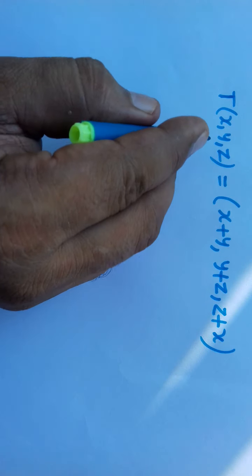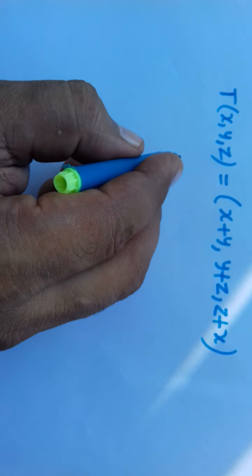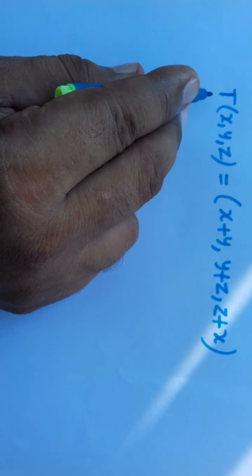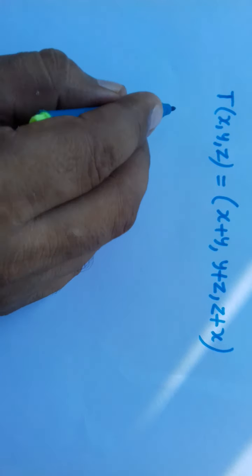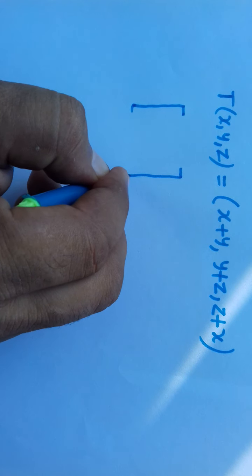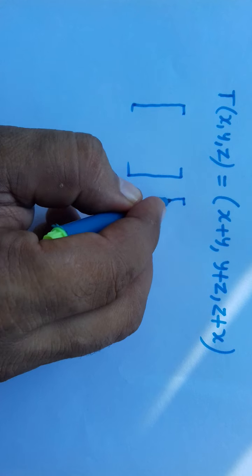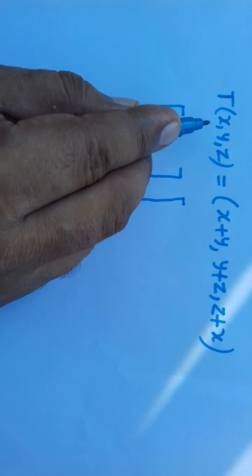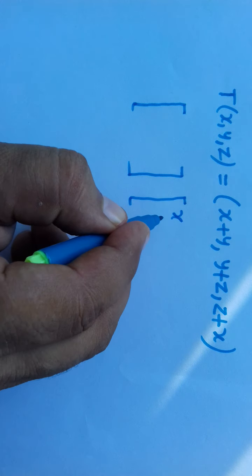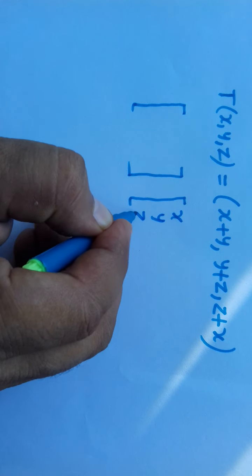We can change this point as a matrix. Suppose we have to find the matrix for T. Suppose the matrix for T is this blank space, and we can write a matrix for this as you see here.